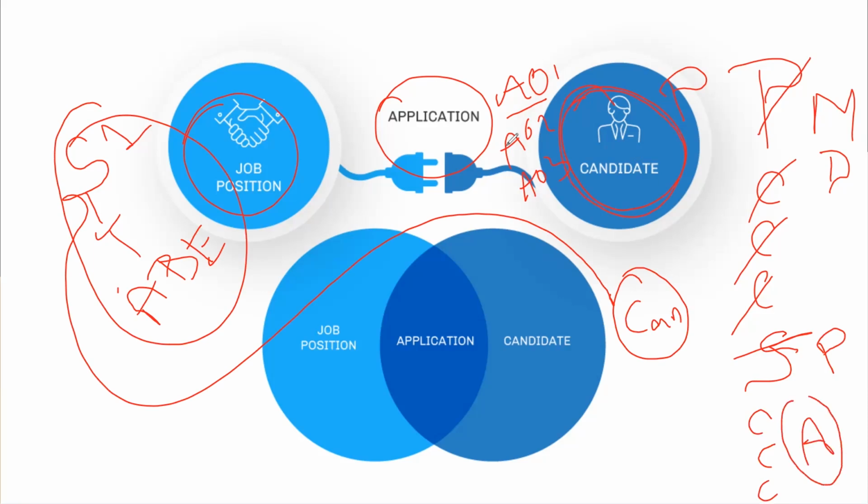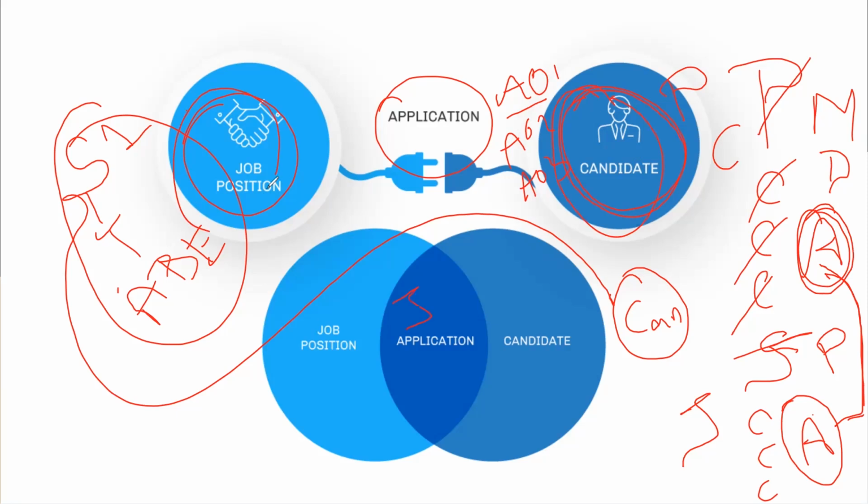Means applications are children of the job posting object and applications are children of the candidate object. This application is now common to candidates and to job posting objects. Such a child which is common between two parents, which makes a junction between these two parents, is nothing but a junction object.